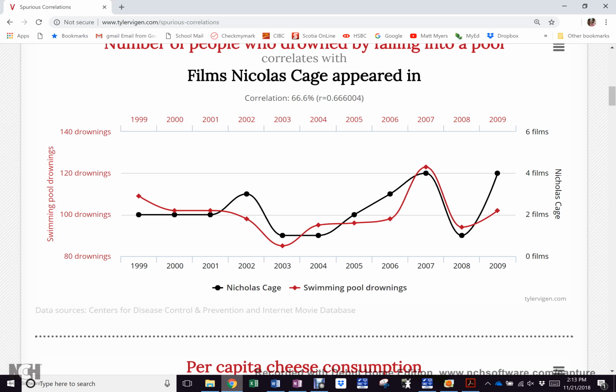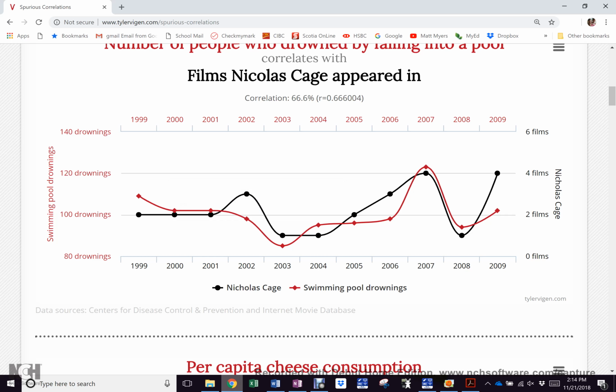Does one have anything to do with the other? Can you prove it from this line? No. Would the news put a graph like that in front of you? Yeah. Would a politician who wants to be tough on crime put a graph like that in front of you? Yeah. Probably. Will you believe it? I hope not. I hope you will do a little bit of research and figure out for yourself how easy it is to make idiotic graphs that fool people.